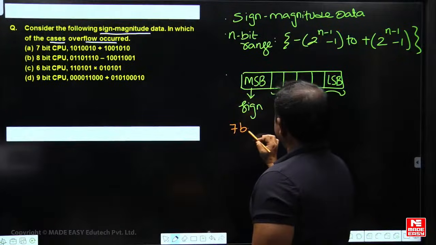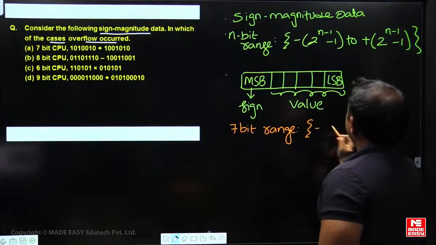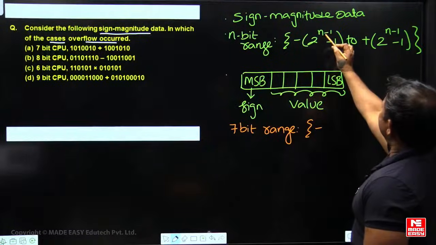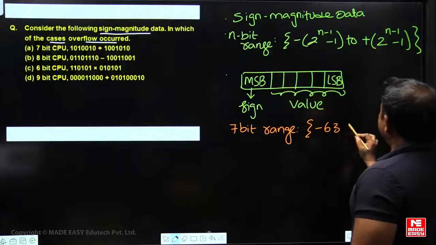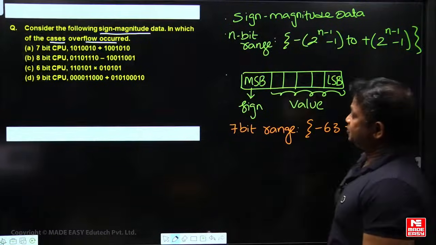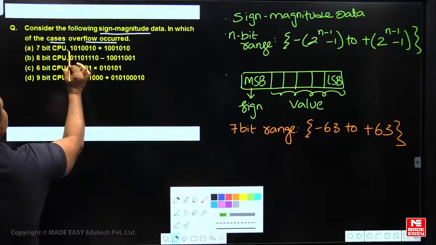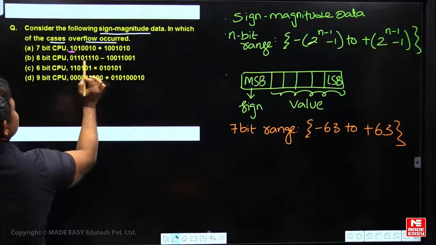First, 7-bit. What is the range? The 7-bit range is -63 to +63. Now please verify. The MSB is 1, so the sign is negative.